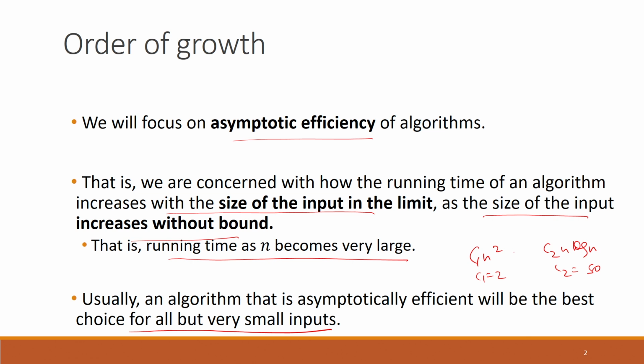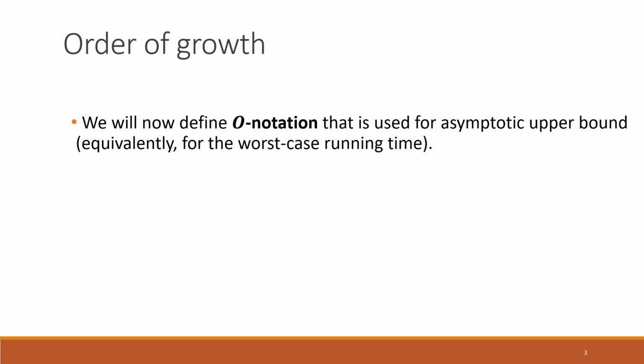But eventually, as the size of the problem increases, C1 n squared will become larger than C2 n log n. Since our priority is to choose an algorithm that is more efficient when the size of the problem is very large, we will go with the C2 n log n algorithm, even though it may not be the most efficient when the problem size is very small.